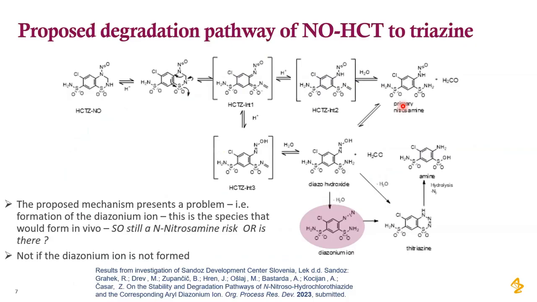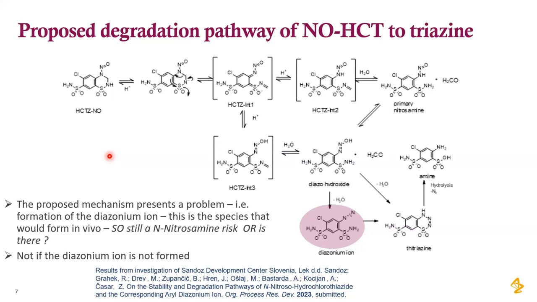And so a proposed degradation pathway of nitroso hydrochlorothiazide, particularly to the thiatriazine, was investigated. The problem with this proposed mechanism was that it suggested that the diazonium species that we'd be concerned about, particularly in terms of what would form in vivo, could actually also form from a degradation pathway point of view.